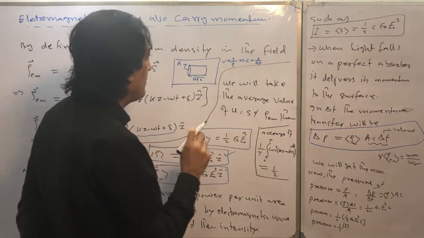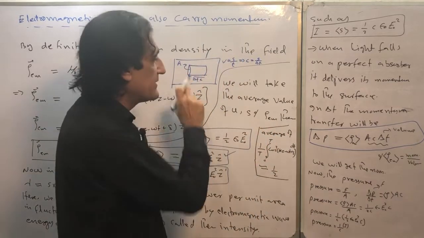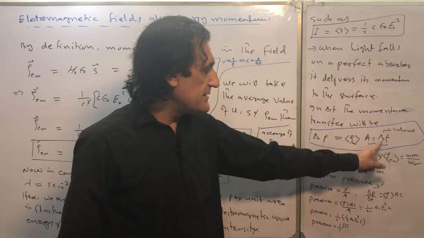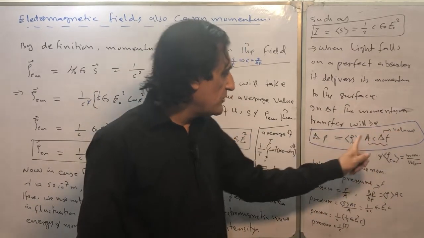Then the volume of this cylinder must be equal to A, the area, times c delta t, the distance.